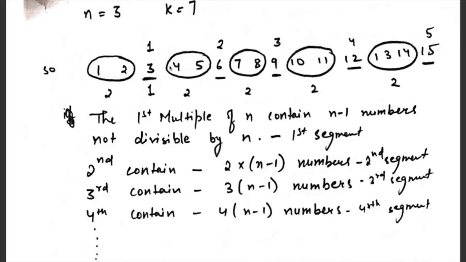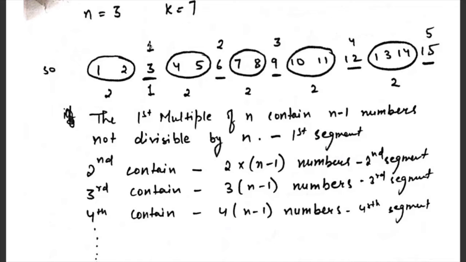Then another two terms will come before the next multiple, so segments of n minus 1 terms will form between all the multiples of 3. If you normally want to find the seventh number in the series 1 to 15, you would say directly it is 7.